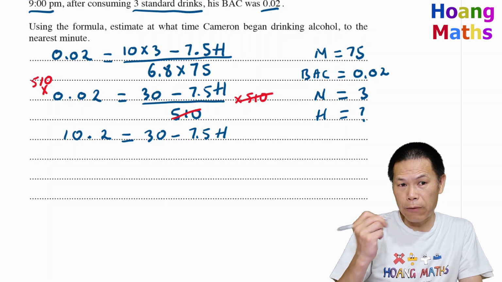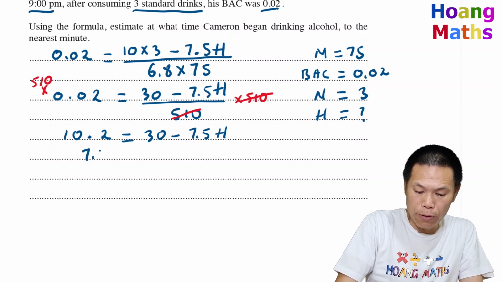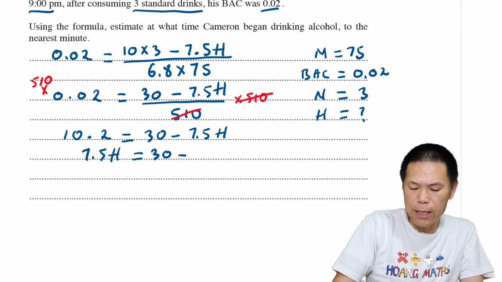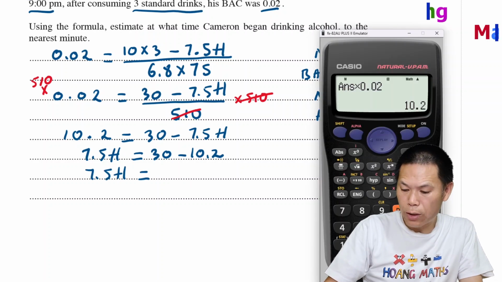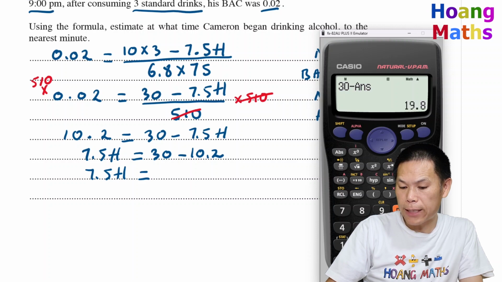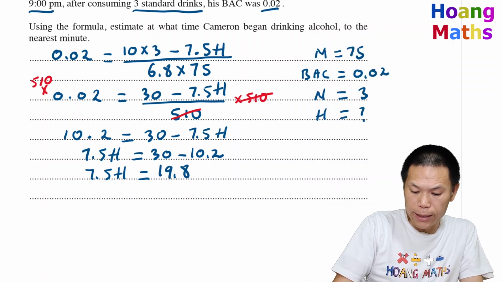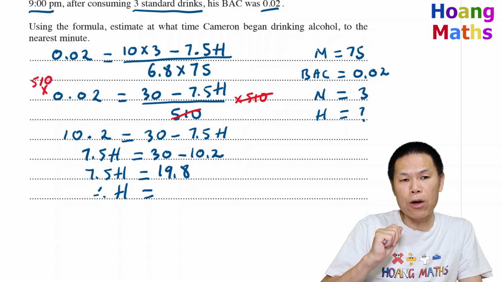So the negative 7.5 H becomes positive. So 7.5 H is equal to 30 minus 10.2. So 7.5 H is 30 minus the answer, so 19.8.